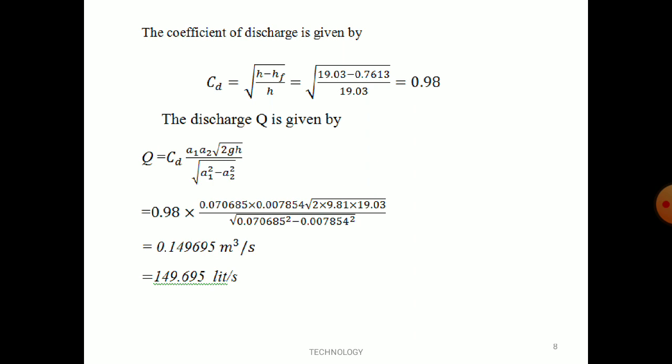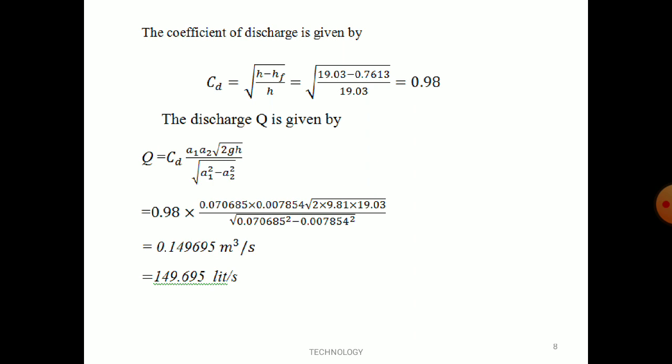So that is equal to 0.98 into 0.070685 into 0.07854 into square root of 2 into 9.81 into 19.03 divided by square root of 0.07068 square minus 0.007854 square. So we end up with the value of Q as 0.149695 meter cube per second.